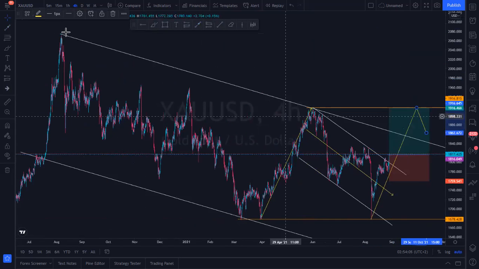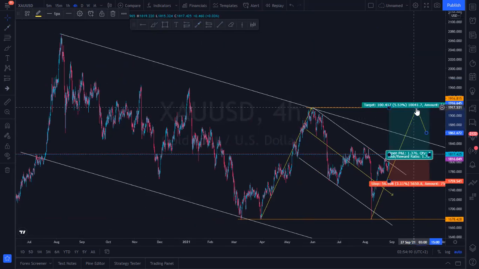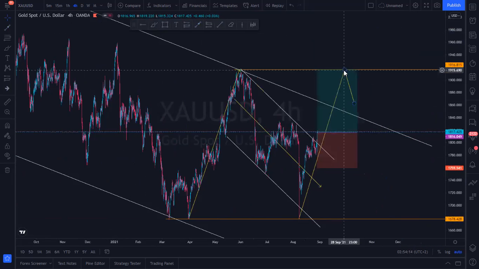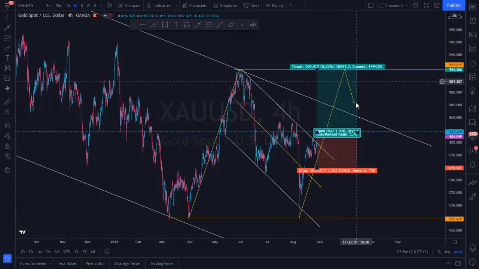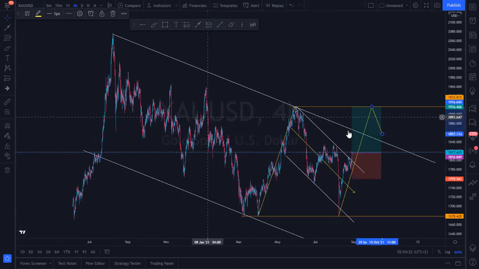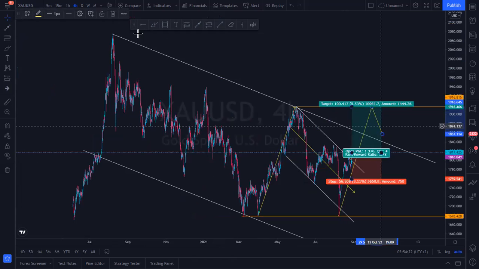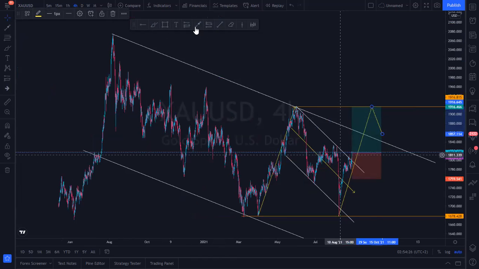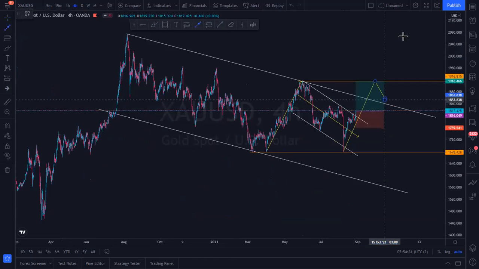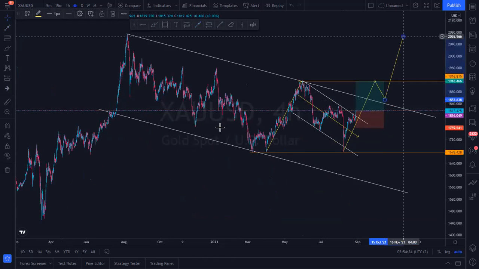Remember, the price will have already broken this level once it gets to this resistance level, this target. So I'm expecting a rejection at this level, a small pullback, and a continuation because we've broken the trend line. So I'll be expecting to see price continue moving to the upper side.